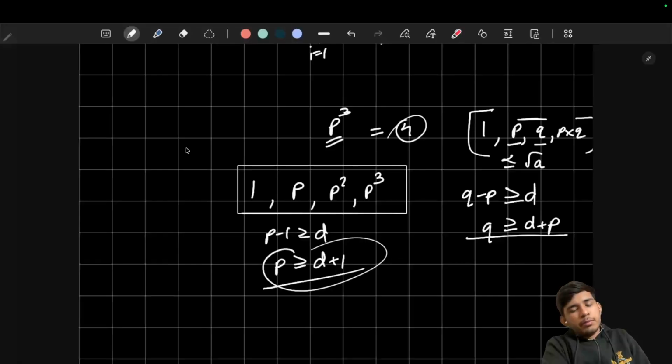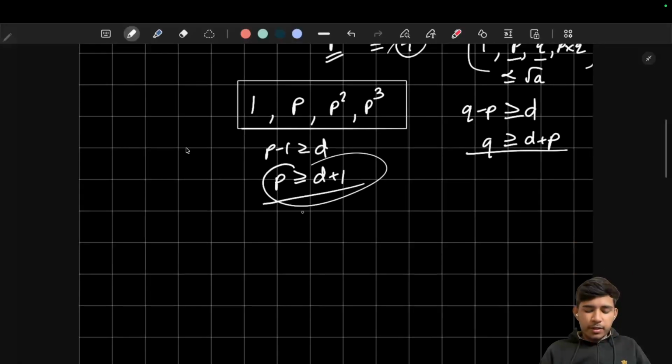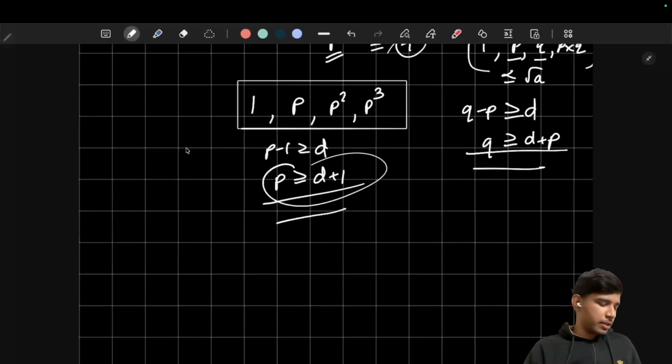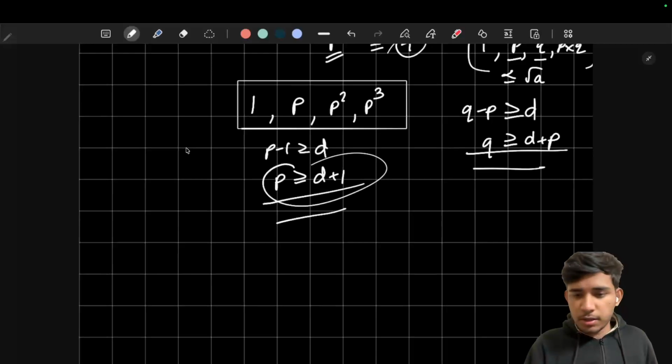Now using binary search, we can find the value of p among the prime numbers, and similarly the value of q. Let's try to code this up, and I think we're approaching it in a correct way.